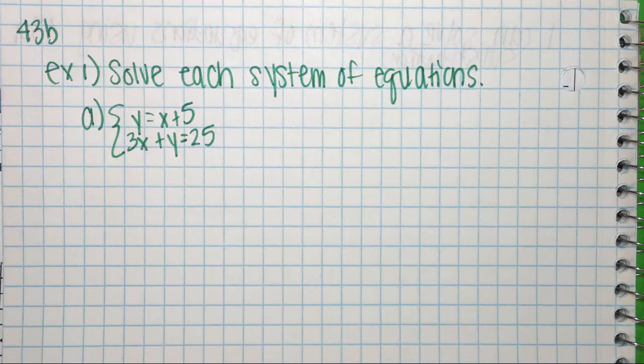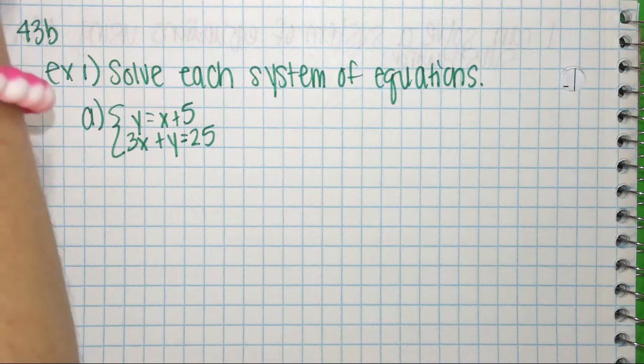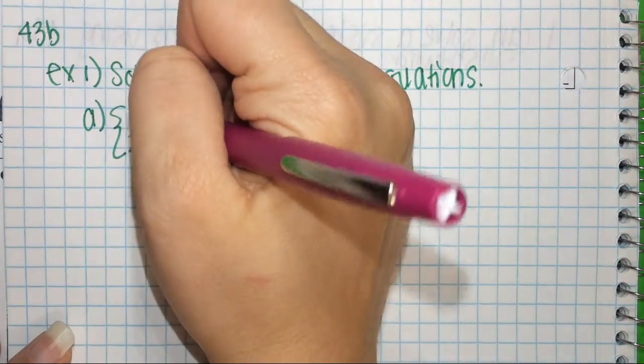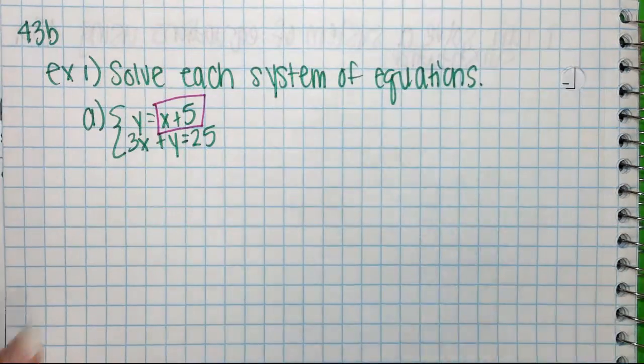Alright, so what's the first thing we do when we're solving a system? Using substitution, which is what we're on. Look for the variable that's by itself, or see if they're both in slope-intercept form. Are they both in slope-intercept form? No, so we're not going to graph. Do we have a variable by itself? Alright, which variable is by itself? Y is. So what does y equal?